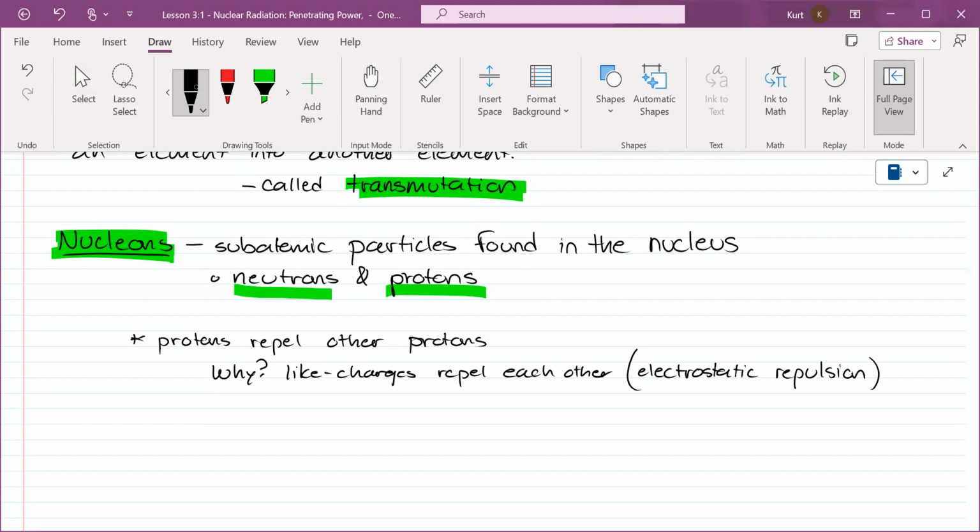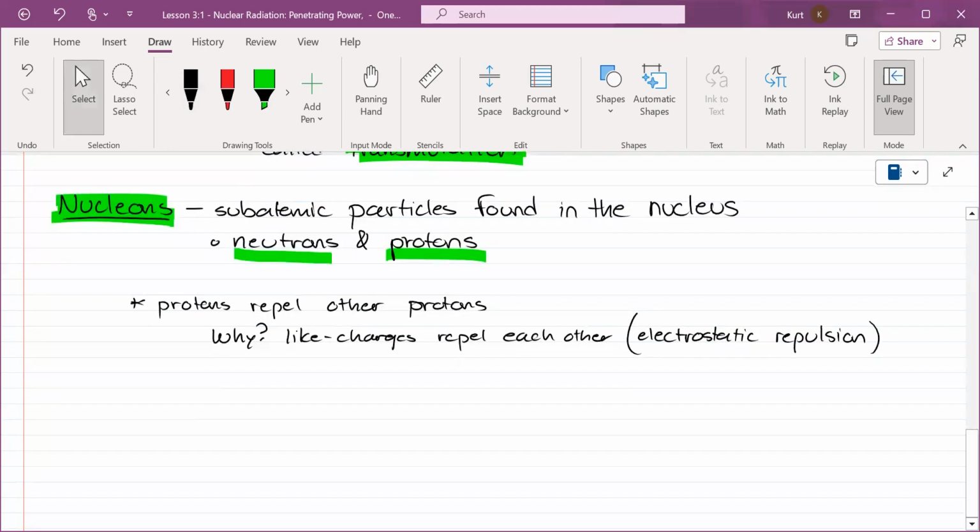So if Chris was hanging out with James and they hate each other, they can't stand to be with each other, but I force them to stay with each other, my strength is outweighing their strength. It's outgunning theirs. There is a force that is stronger than electrostatic repulsion, and it is called a strong nuclear force.